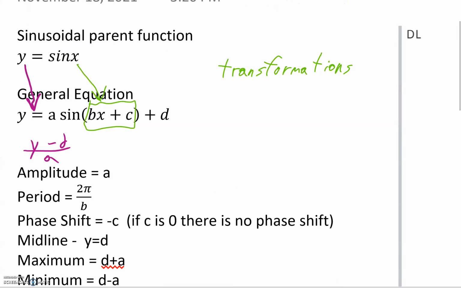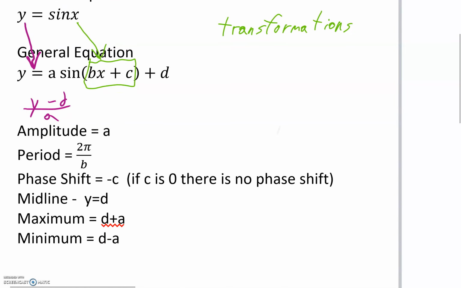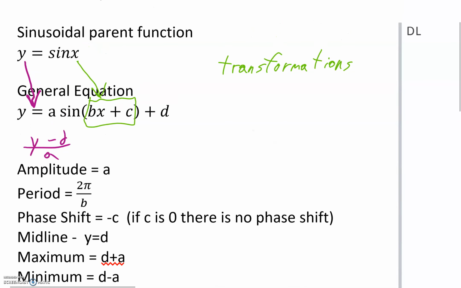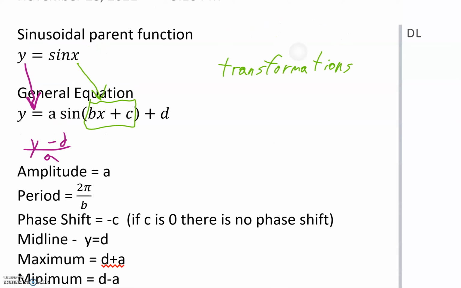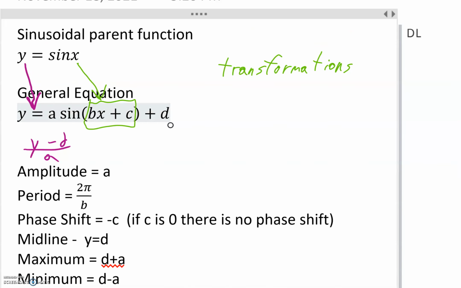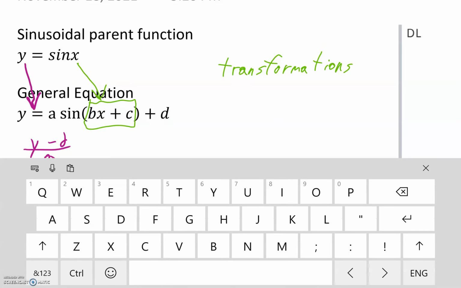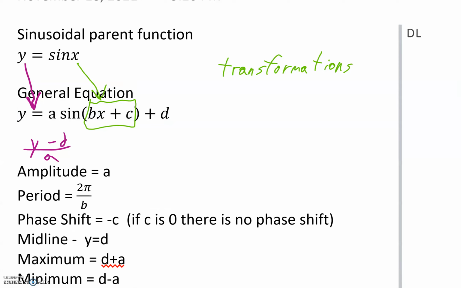So what do each of these do? Let's talk about it for a second before we get there. Because c is related to our x and it's adding, c gives us a translation horizontally.